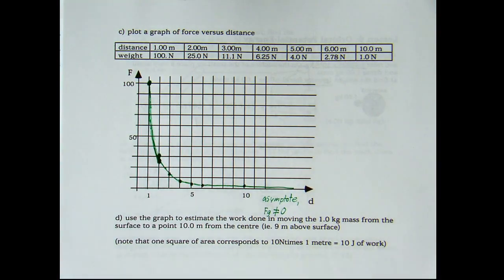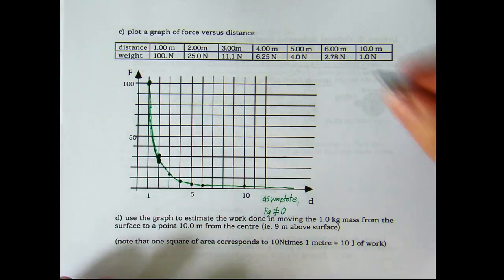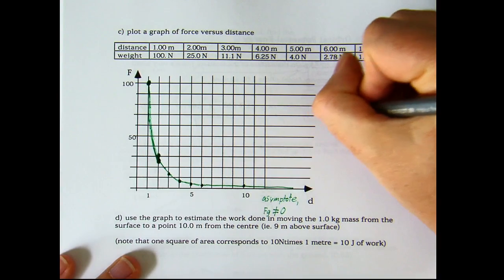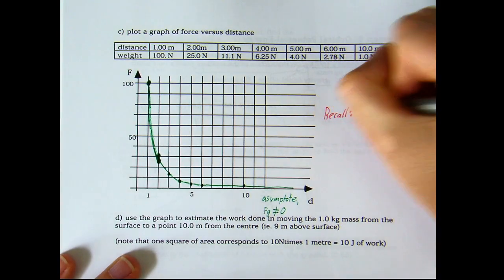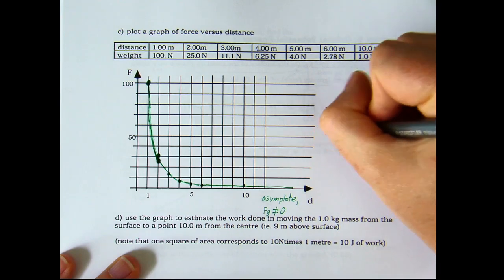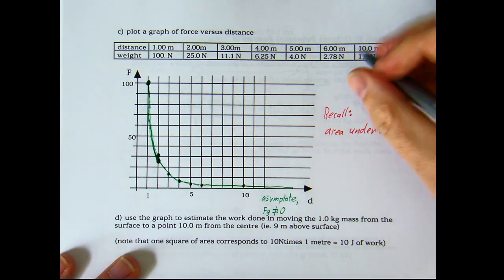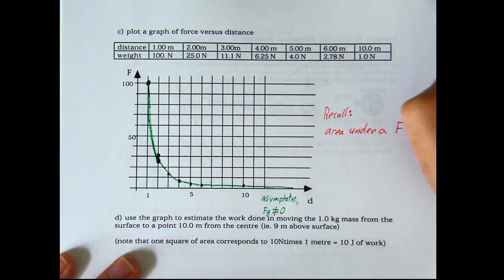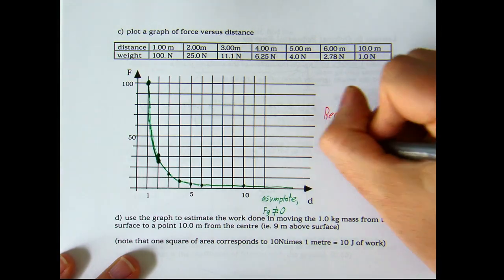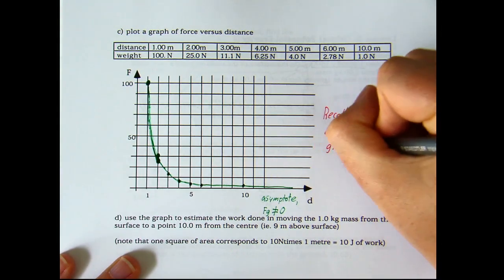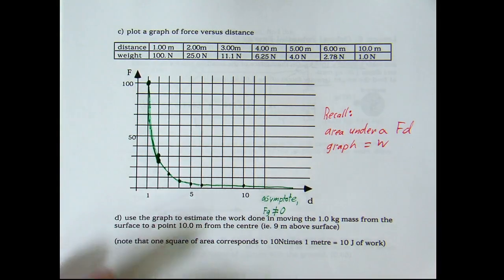But we had a relationship here. If you recall, the area under a force distance graph equaled work. So we can actually start to do calculations for how much work it would take to move the object while it's in a gravitational field.